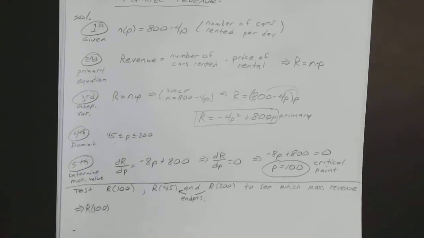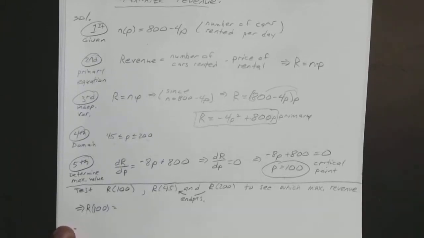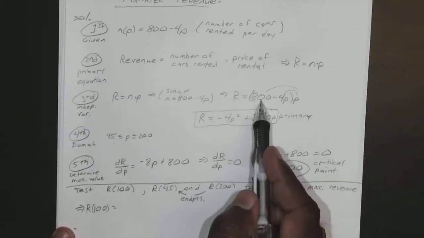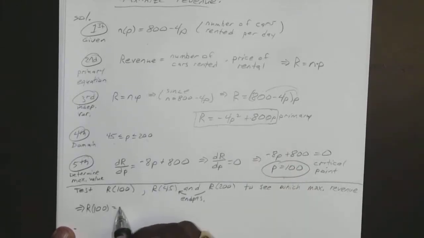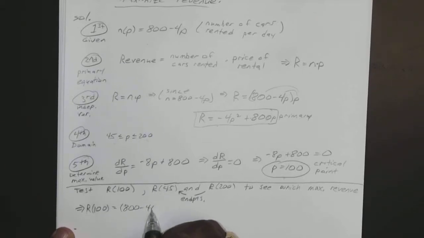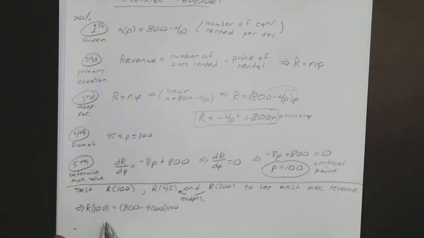Okay, so R of 100 is equal to, where is it? I'll use this one so we don't have to worry about squaring anything. So 800 minus 4 times 100 times 100. Okay, so that's equal to 800 minus 400 times 100 is 40,000.